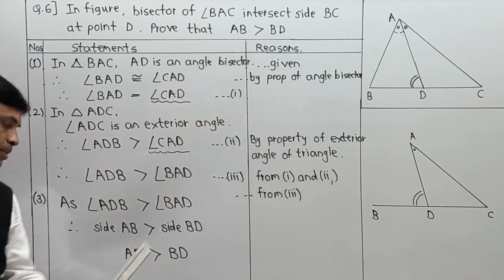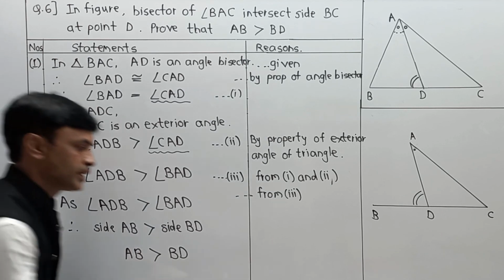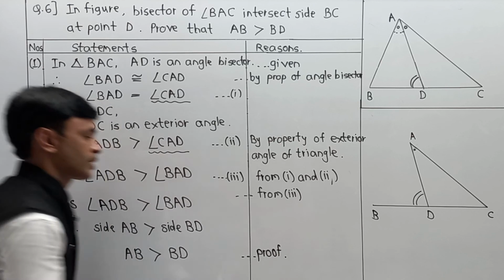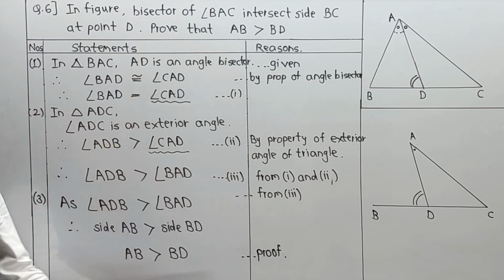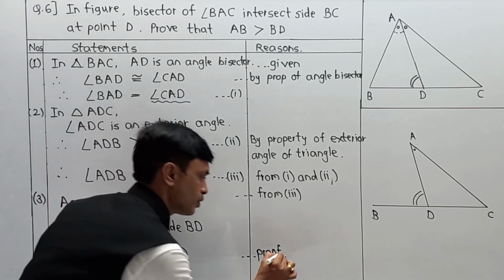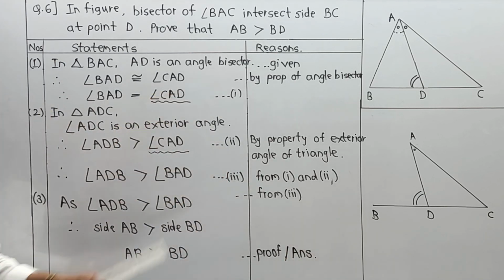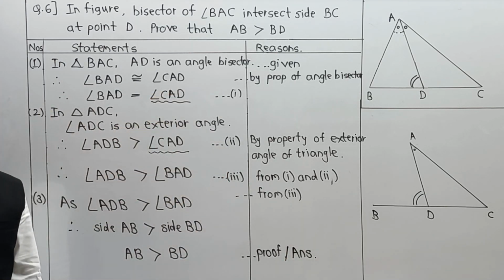AB is greater than BD, and that is our proof. And in this way we can complete the part. Also you can say your required proof, or you can say required answer, and in this way with proper writing you can complete the part.